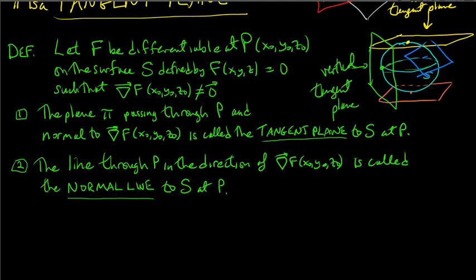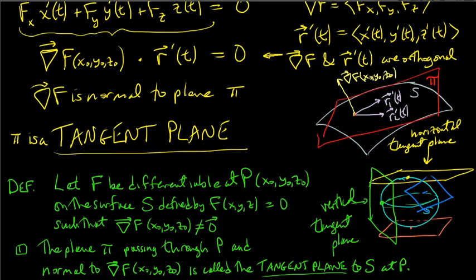So the plane, which I call pi, passing through the point P and normal to the vector gradient of f, is called the tangent plane to the surface S at the point P. And then you also have the line passing through P in the direction of the gradient of f. That's called the normal line to the surface S at P.